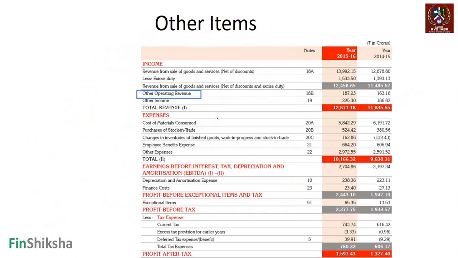So let's take a look at this company's financial statements, and we've already seen what is the revenue from operations, we've seen what is excise duty, we have seen net revenue, we've also seen other income. Now there is another concept called other operating revenue that is introduced. So you have revenue, you have other operating revenue, and you have other income. Now revenue is simple.